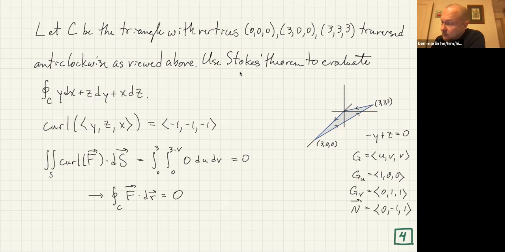For our parameterization, since we need to have the x-axis in here, you would think about the i vector, or the 1, 0, 0 vector. And then you would think about this vector here that goes out from the origin to 3, 3, 3 or 1, 1, 1.